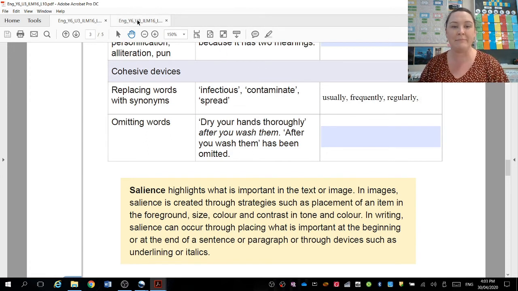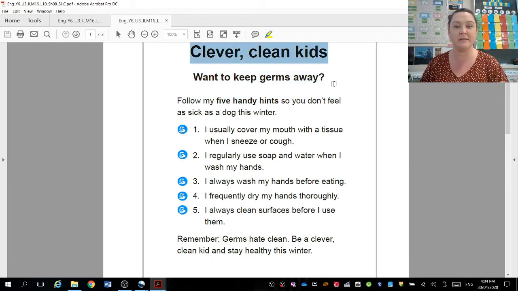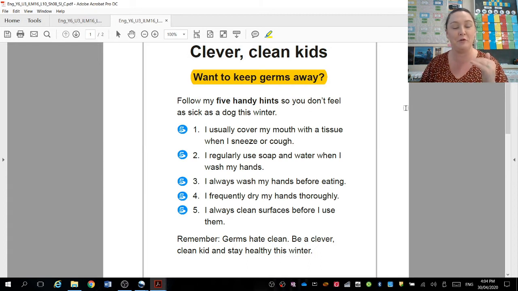So is there a word within this advertisement that was omitted? To me, because of the example I used, this is an example of omitting words: "Want to keep germs away?" The words omitted from that are "do you": do you want to keep germs away? Why? Because they want to be short, sharp, crisp, and to the point. They've omitted words, but it still makes perfect sense.